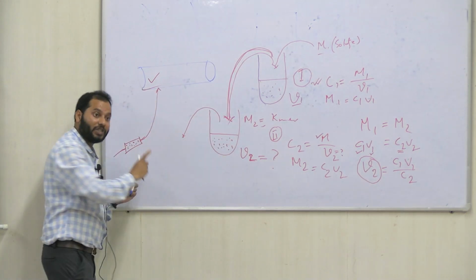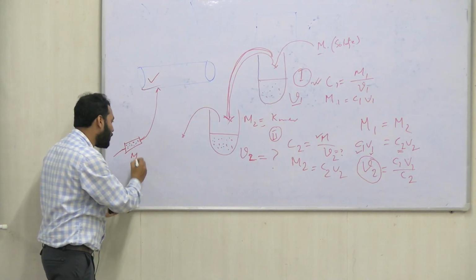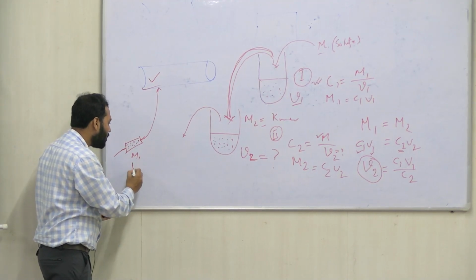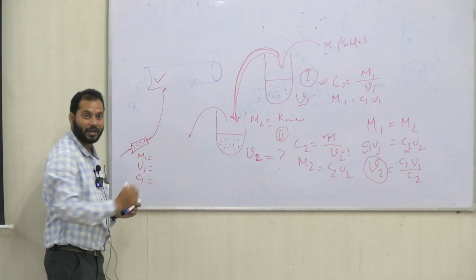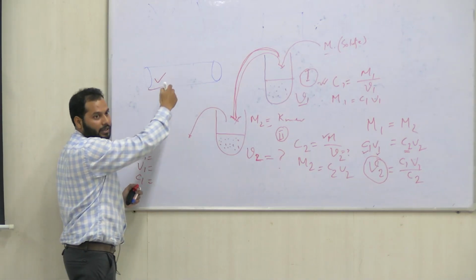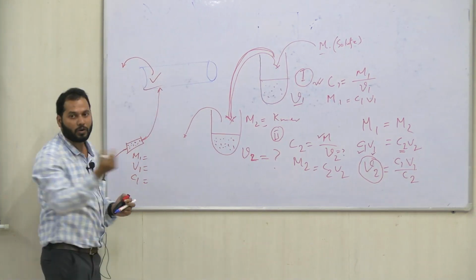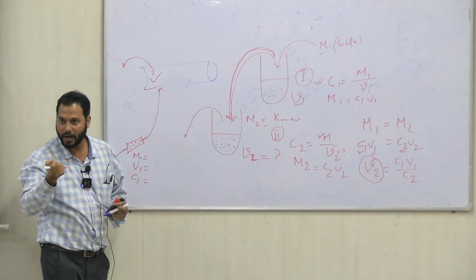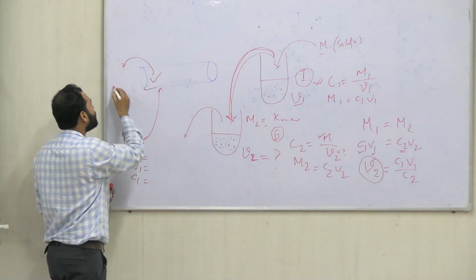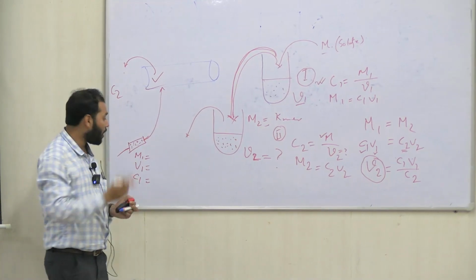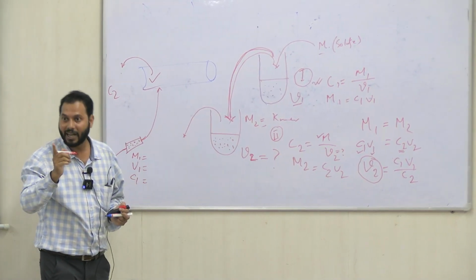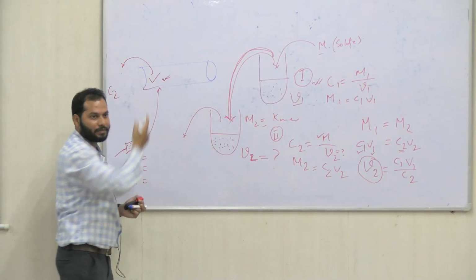Now, before injecting, we already know that, and we also know the V1, and we have calculated the C1, right? Now, a certain amount of sample is collected, and after collecting, we have calculated the C2, or concentration of that dye present in this blood plasma.